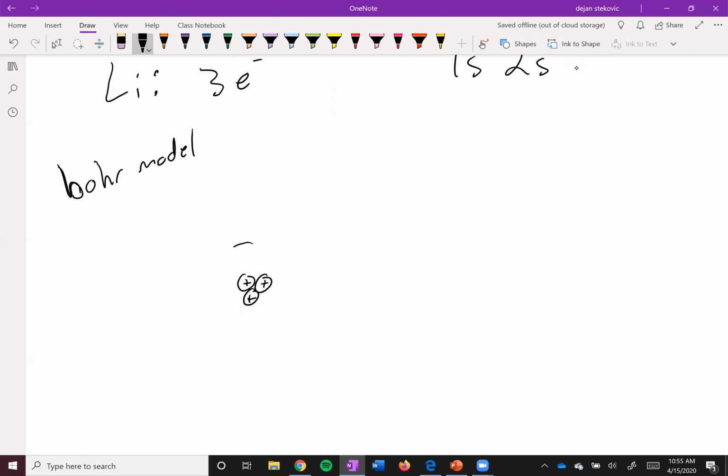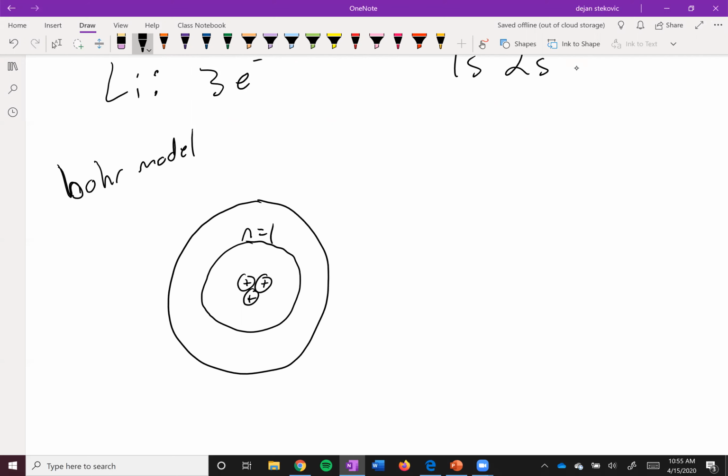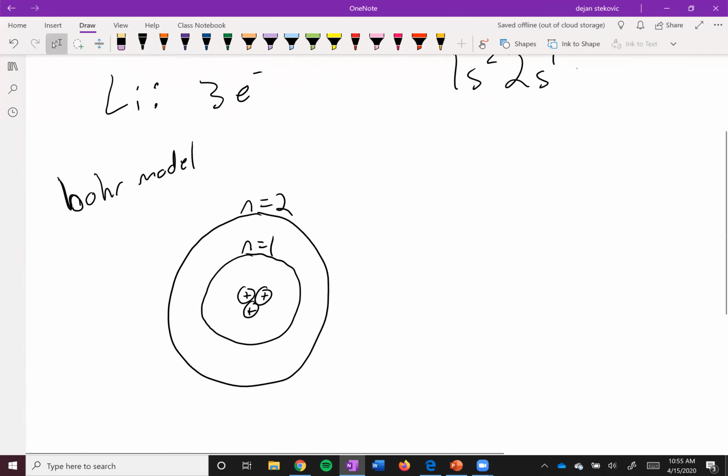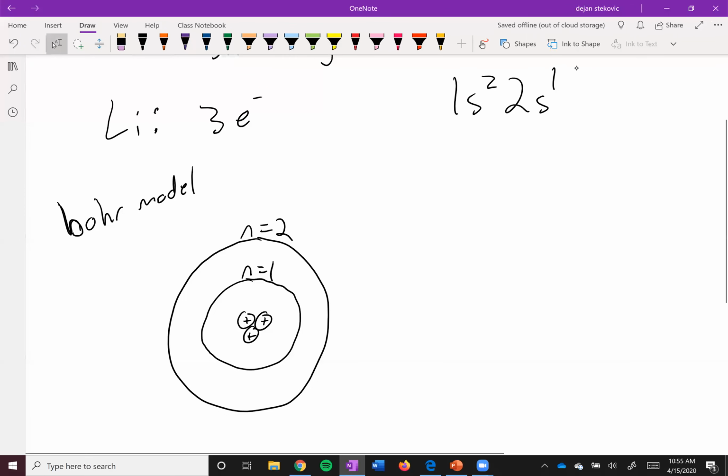And then around it, we have orbits, right? So this is an n equals 1 orbit, and then this is an n equals 2 orbit. And since we are 1s2, we have 2 electrons in our n equals 1 orbit. And then we have 1 electron in our 2s, or our n equals 2 orbit.